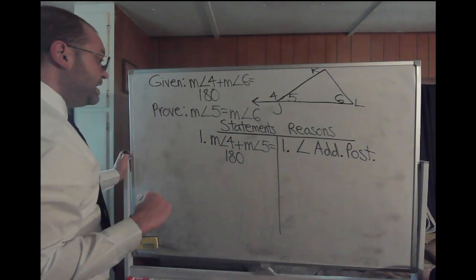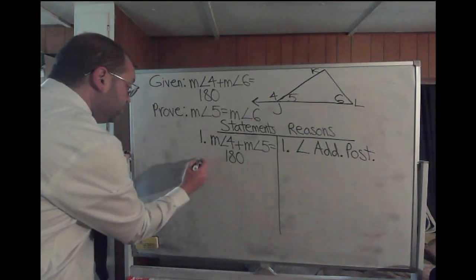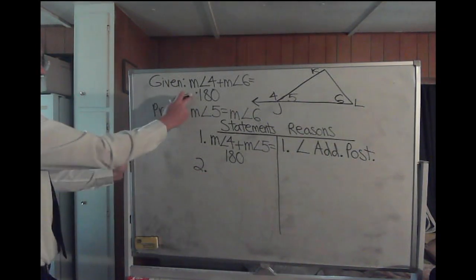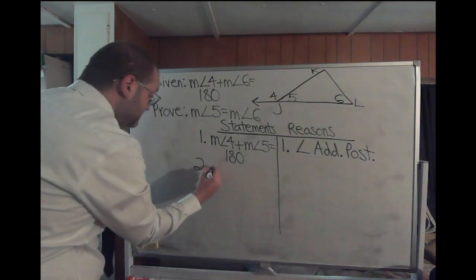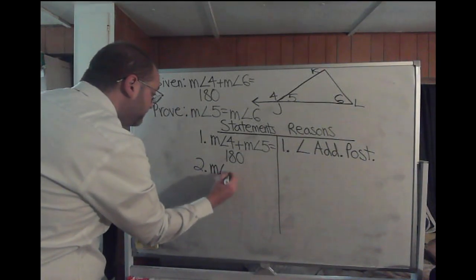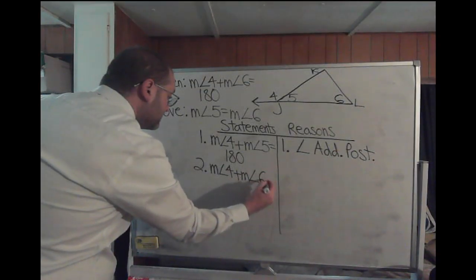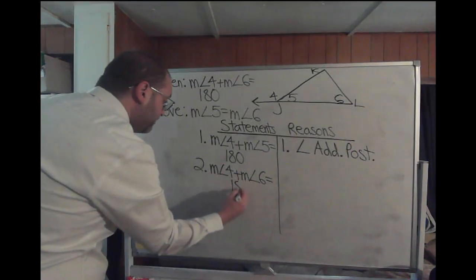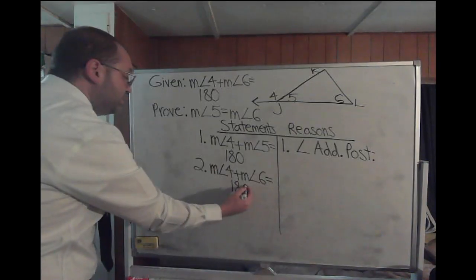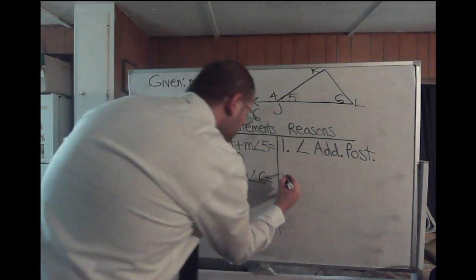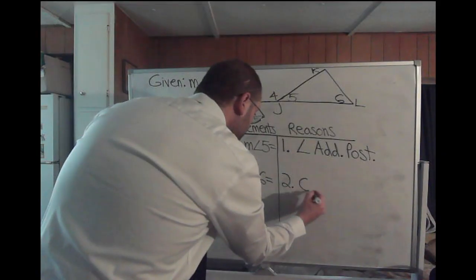Now, the next thing I would do, this time, I would use your given statement as your second reason. We'll have the measure of angle 4 plus the measure of angle 6 is equal to 180. Reason 2, this was given to you.